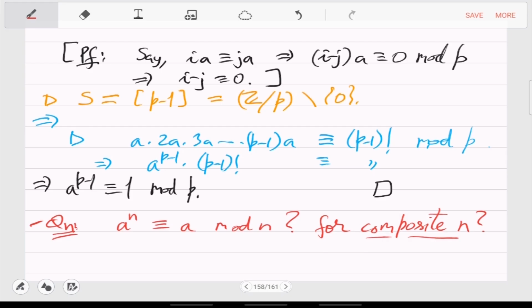Can you think of an example? So for example, if you take n to be 4 and a to be 3, what is 3 to the 4 mod 4? This is 1, right? So this is not 3.